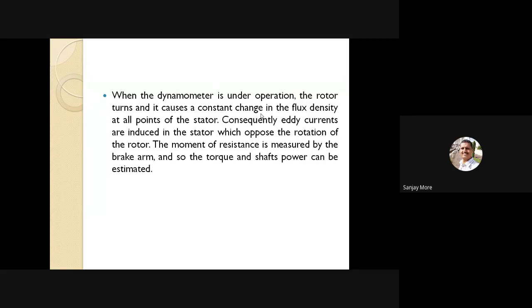Consequently, eddy currents are induced in the stator which oppose the rotation of the rotor.